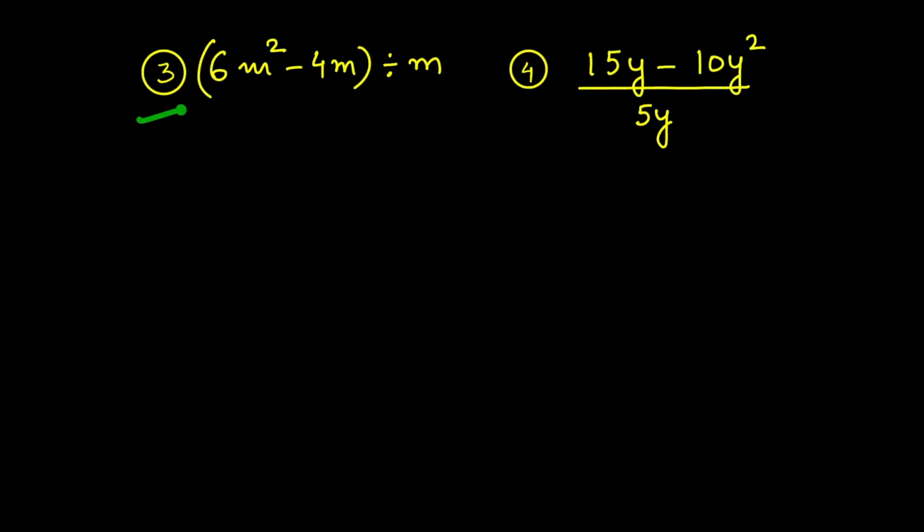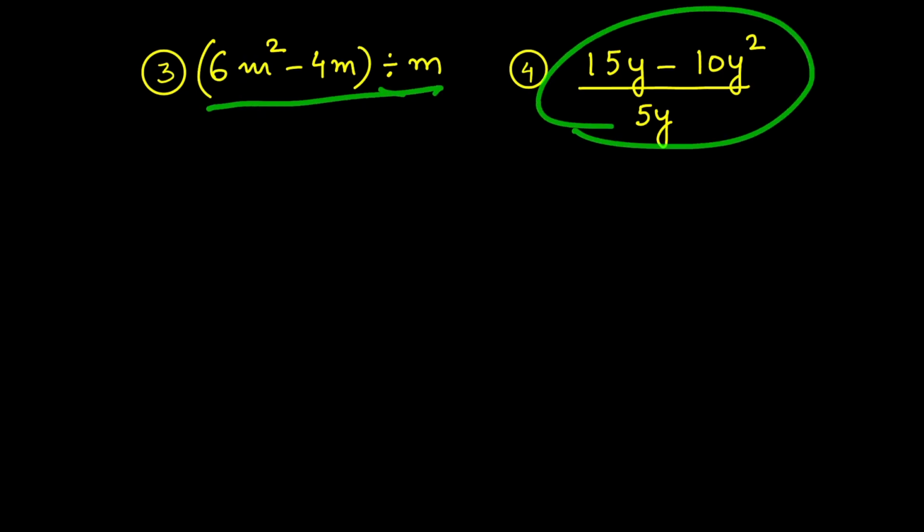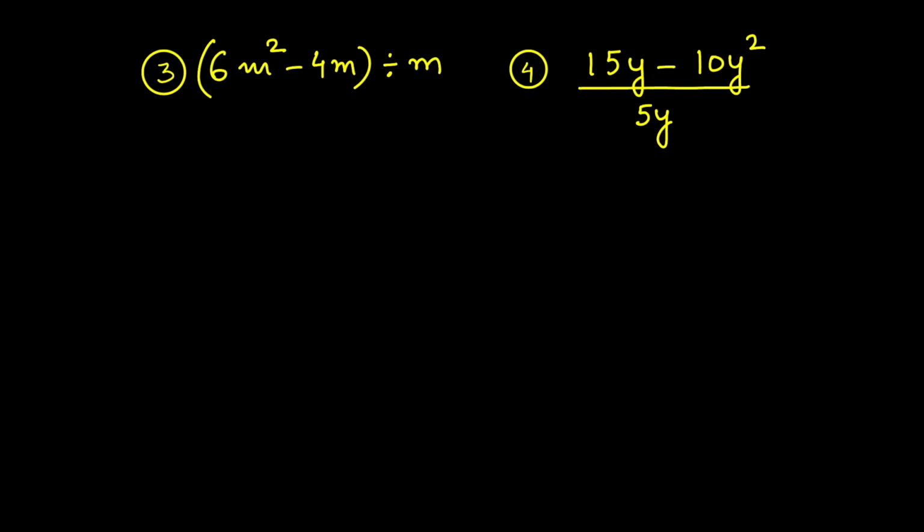Now coming to example 3, in this there is a binomial which is divided by a monomial. It's not written in the proper way, so we first rewrite in the proper form. We rewrite this as 6m square minus 4m, and then we divide it by m.